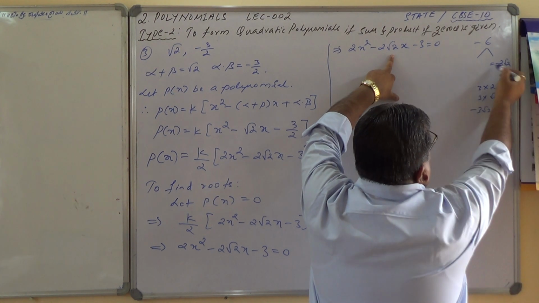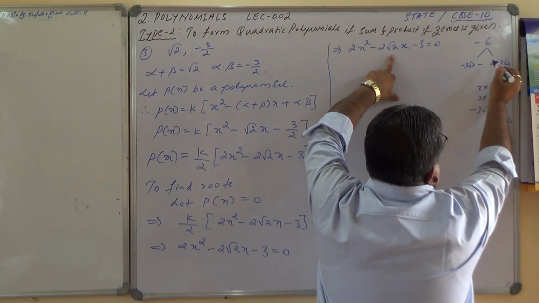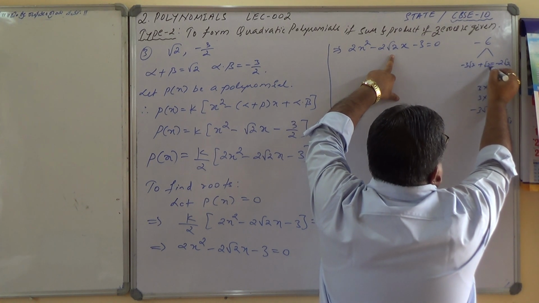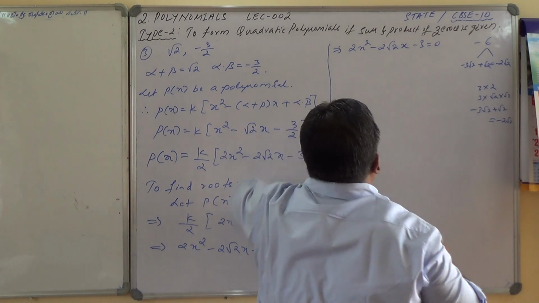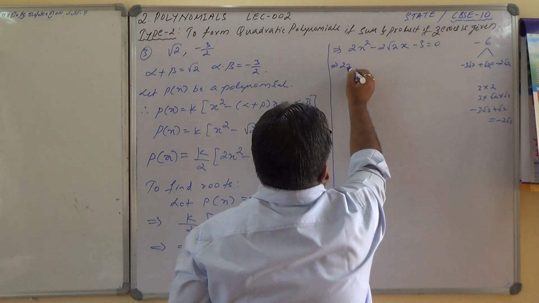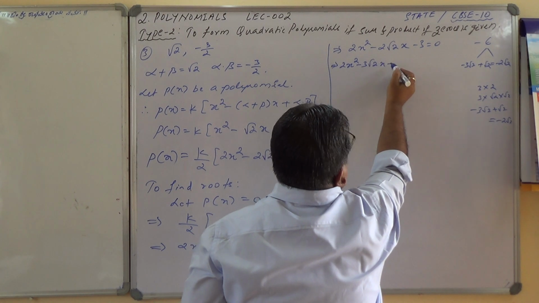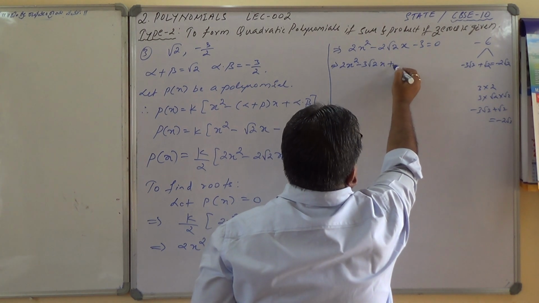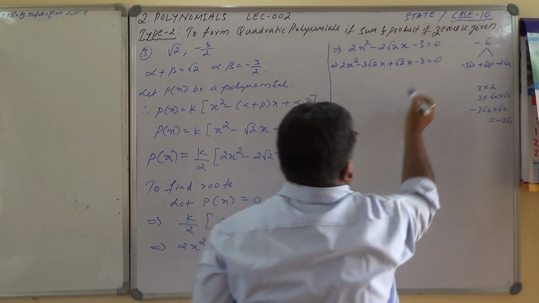Isn't it? Therefore, what are the factors here? Minus 3 root 2 plus root 2. Check here. 3 root 2 into root 2, this is correct. Therefore, implies 2x square minus 3 root 2 times x plus root 2 times x minus 3 equals 0.